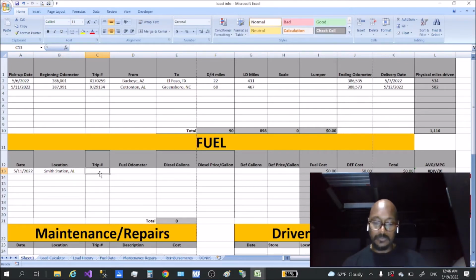The trip number will be the same for the load that you are currently dispatched under, which is the load from Cottonton, Alabama to Greensboro. XJ2134. Okay. Now fuel odometer.